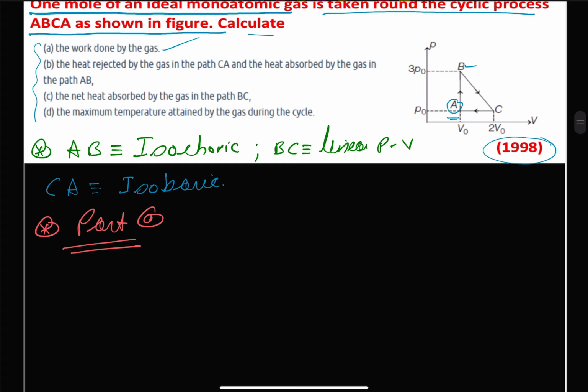So we can say that our work done by the gas is equal to the area enclosed by the PV diagram.